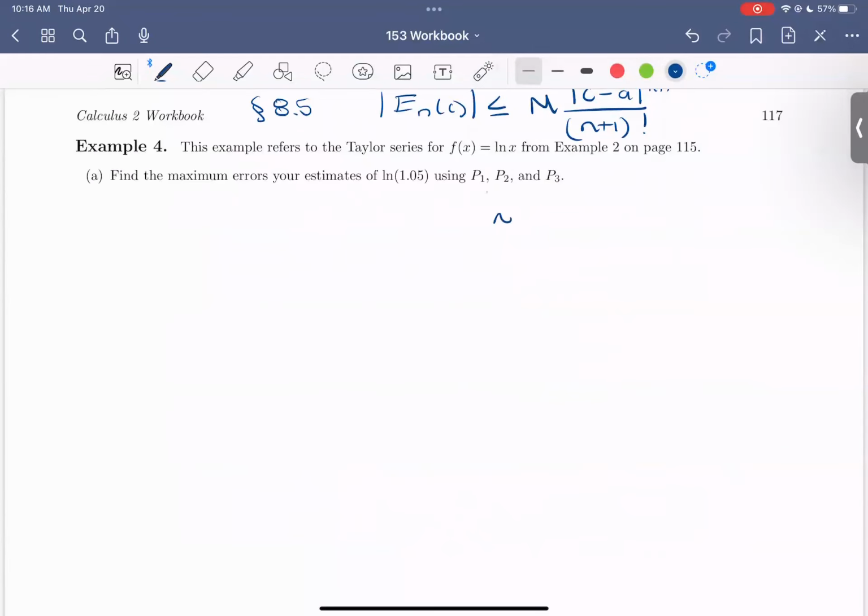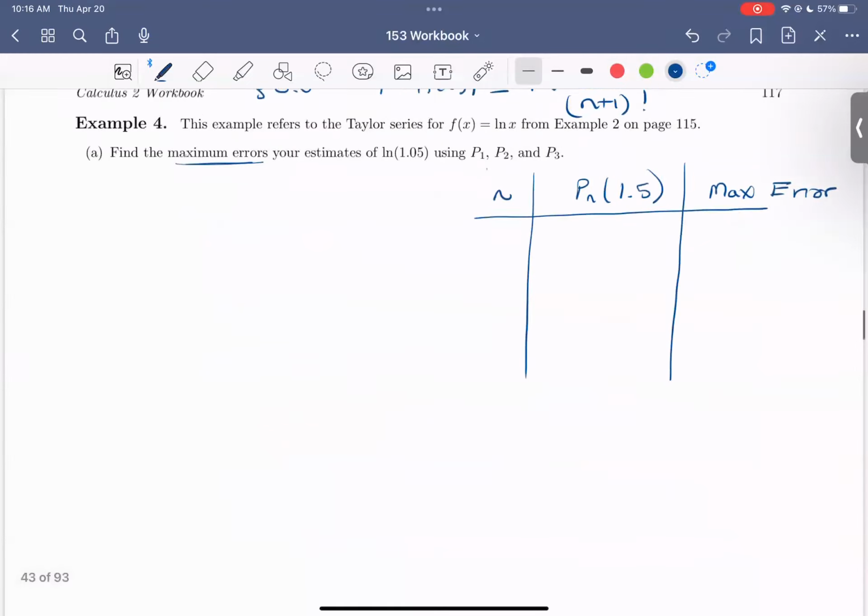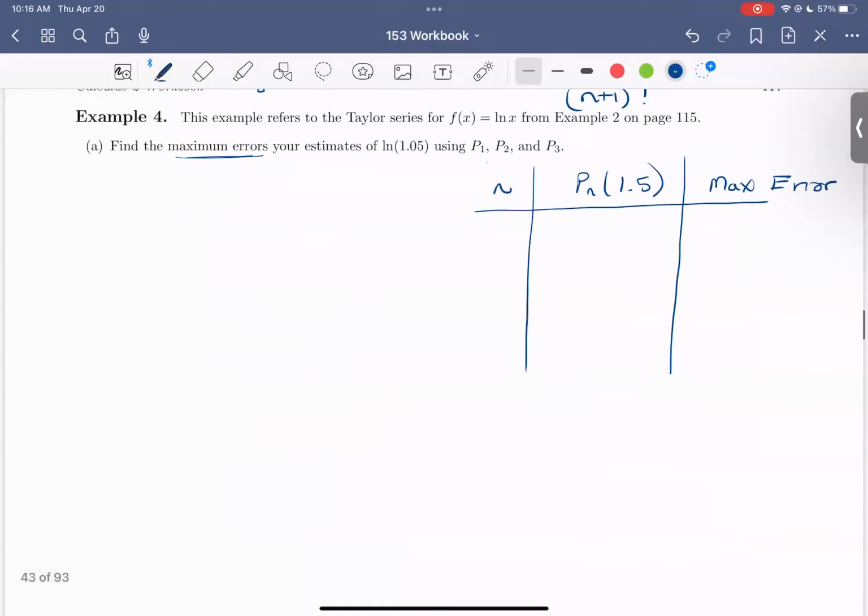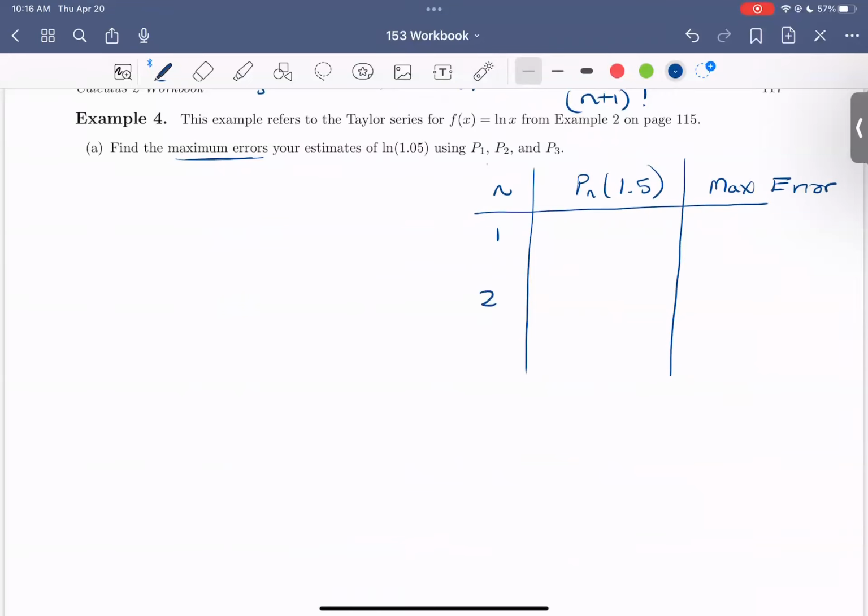For the table, I want to refer to the n that I'm using, the Taylor polynomial for n evaluated at 1.05, and then, since in this problem we're computing maximum errors, a final column for maximum error. We can go ahead and fill in this table. We were looking at n equals 1, 2, and 3.